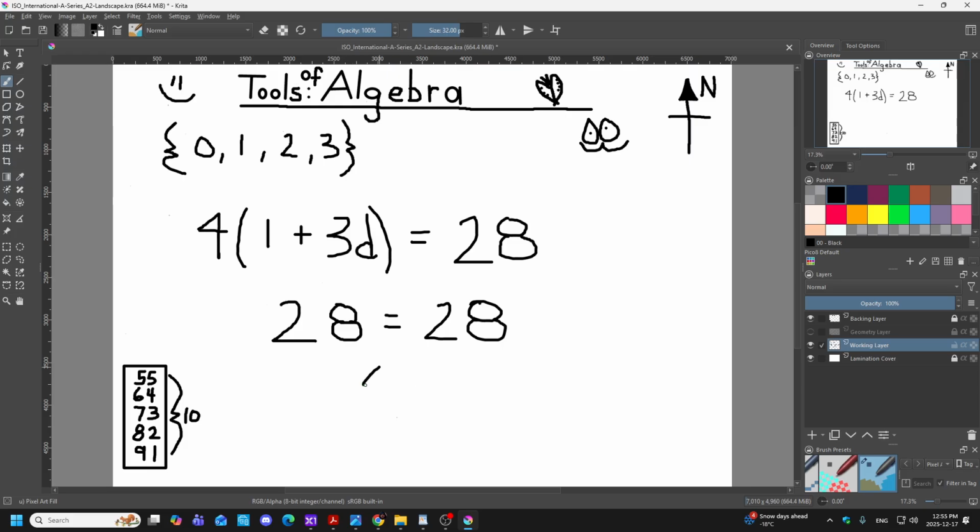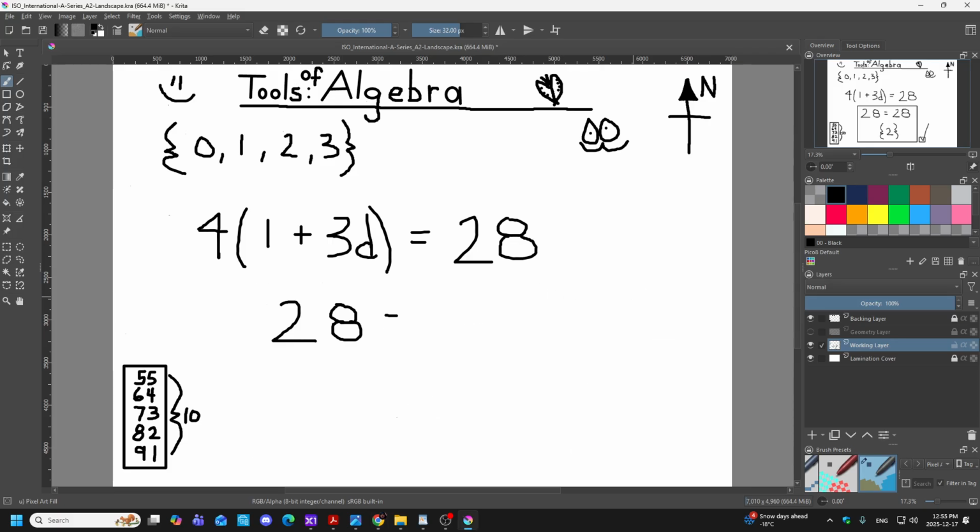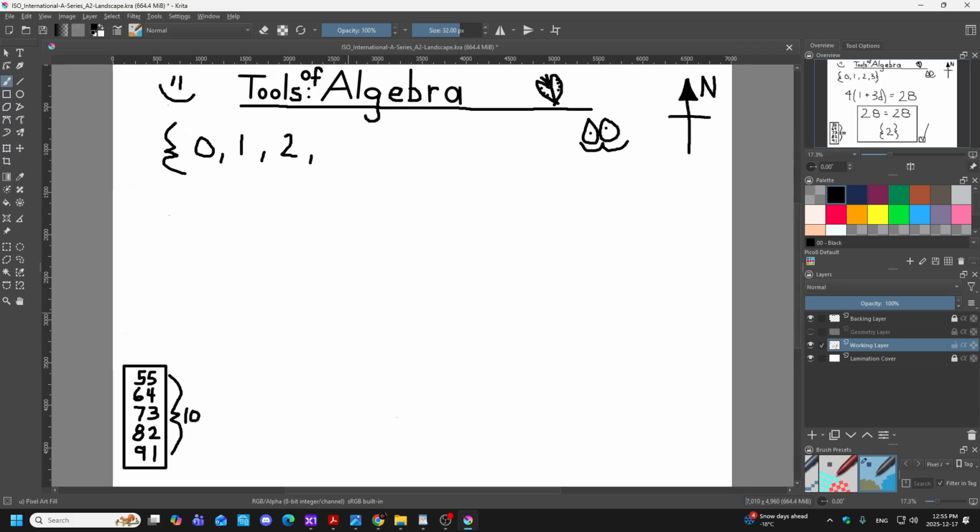Therefore, our solution set is 2. So that's a couple of quick examples for you.